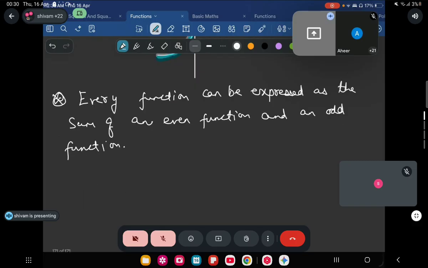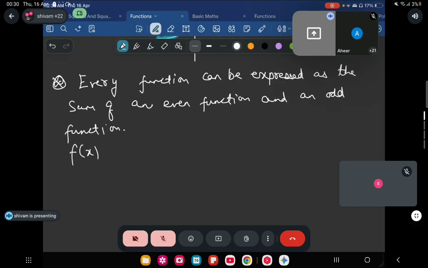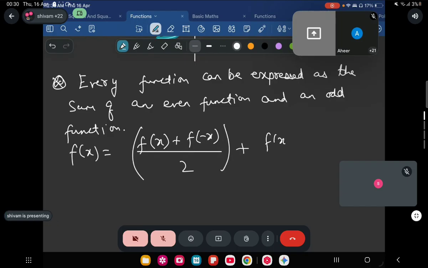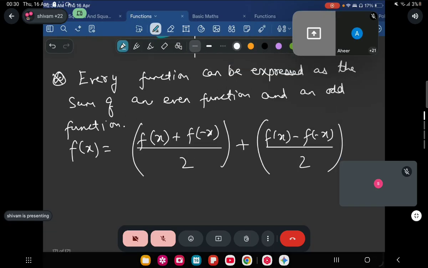How? You see, f of x can be written as f of x plus f of minus x divided by 2, plus f of x minus f of minus x divided by 2. Let us call the first g of x and the second h of x.